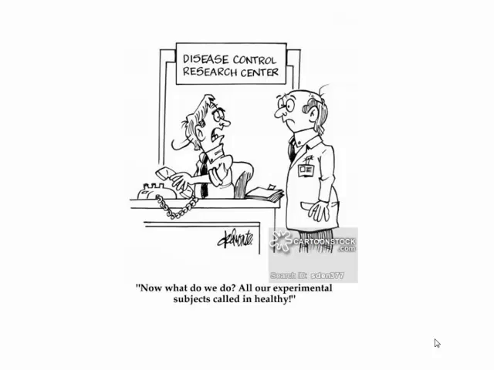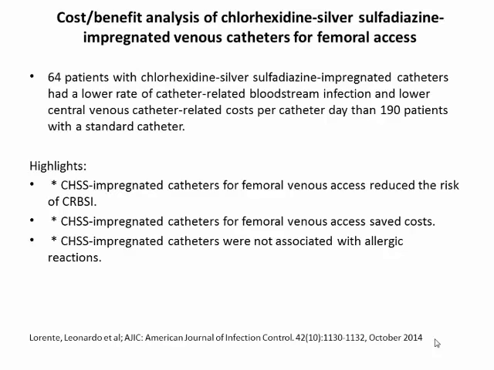So when I researched this, we just put in catheter-related bloodstream infections. There are like 1,700 articles which come out. So I really try to focus on the meta-analysis, which will have a group of studies, or the most recent ones. This actually came out only in October. This is one of the latest ones.